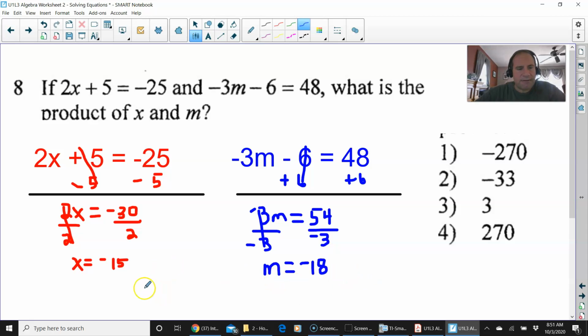So now we have to take negative 15. We want the product, right? So the product is the answer of a multiplication. And negative 15 times negative 18, use your calculator, that is 270.